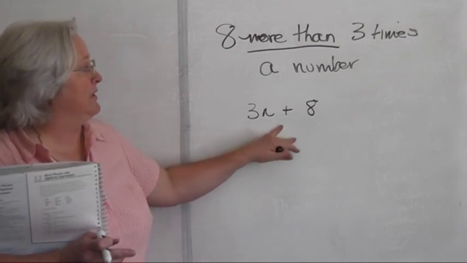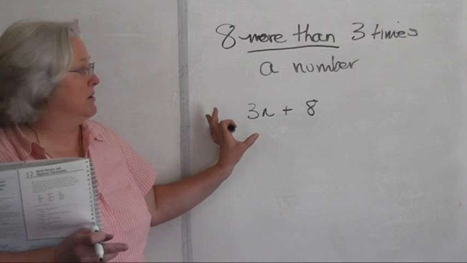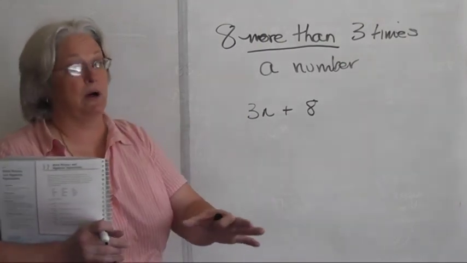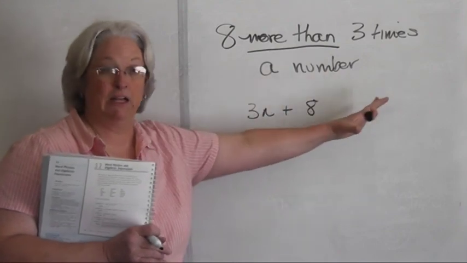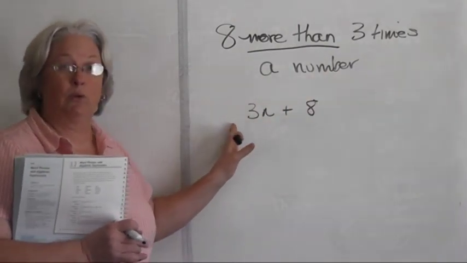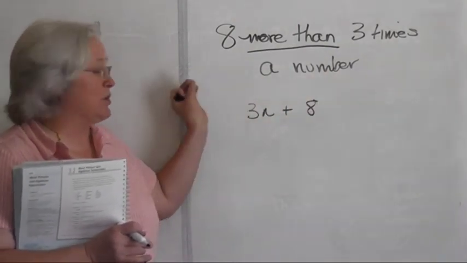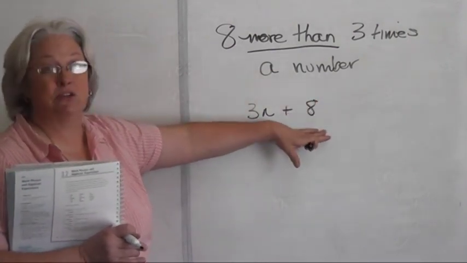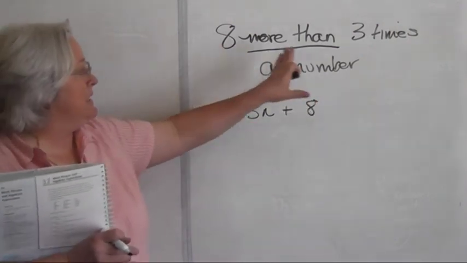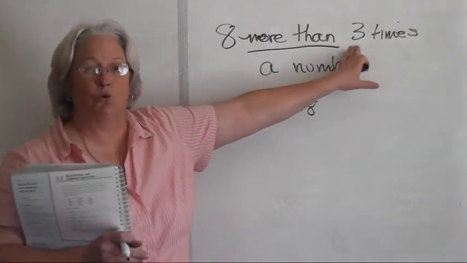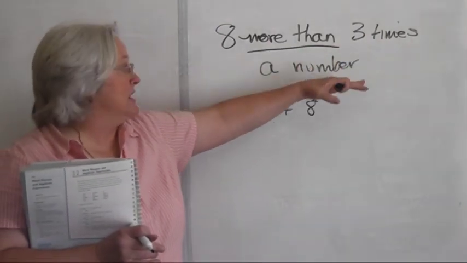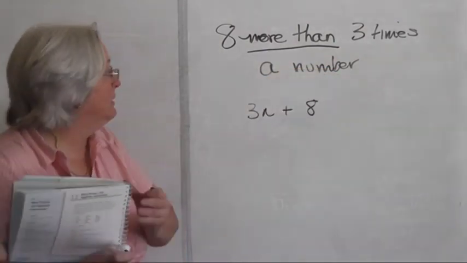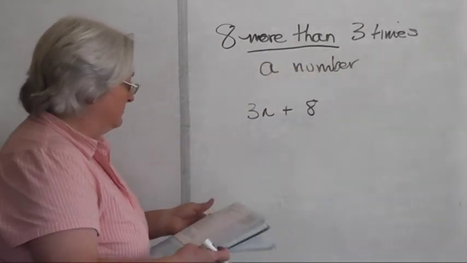Be careful with these, because remember I said the majority of the time, the order in which you read your sentences in English is going to be the same order in which you write your algebraic statement. In this case, it's not, because the beginning quantity, your initial quantity, which is 3 times a number, is here at the very back of the statement.